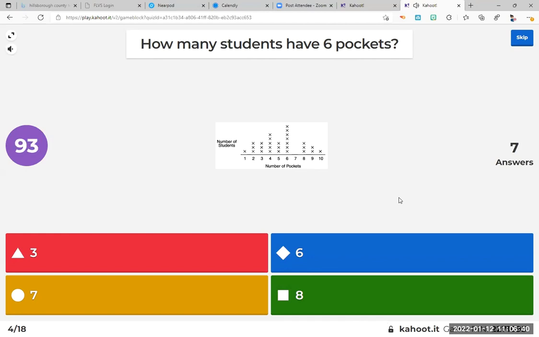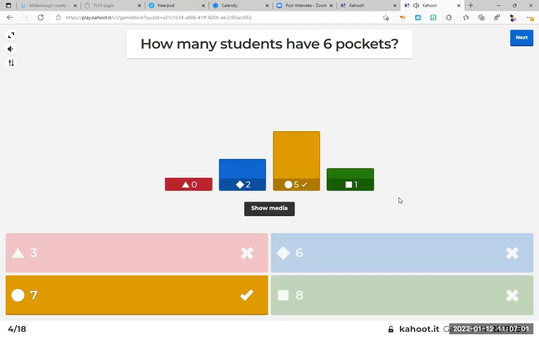Give you a clue. It's not the number 6. You didn't count. You have to count the little dots on the chart. Or X's. They're little X's. Get your answers in. All you have to do is count how many are in the number 6 spot.